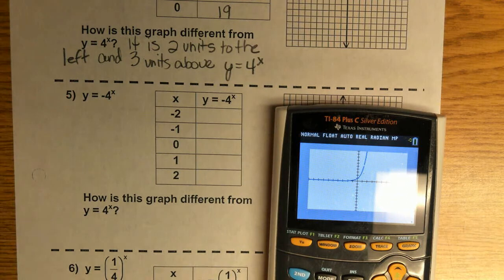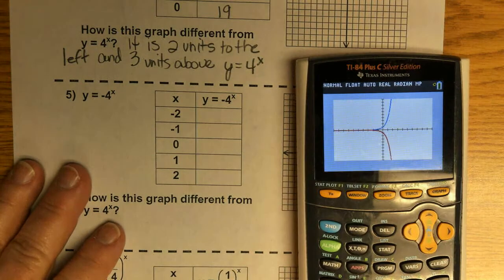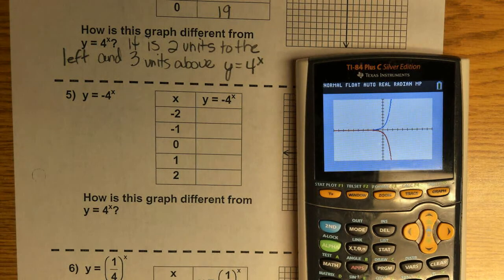So there's blue, that's 4^x. There's -4^x. So all it's done is what? It's flipped it. It's reflected it. That's correct. And remember quadratics, when you had that out there, it reflected your parabola.